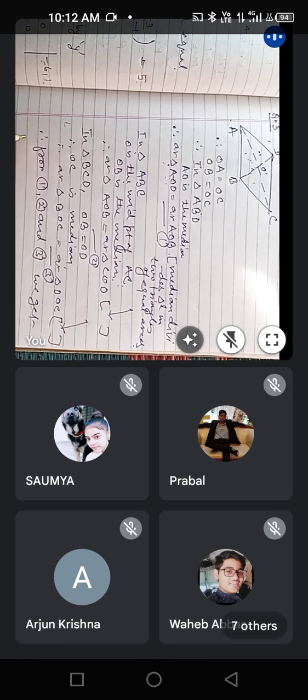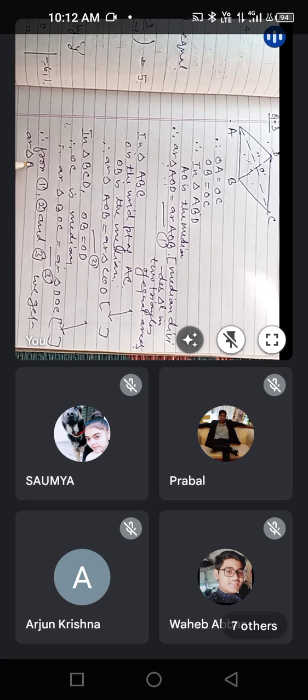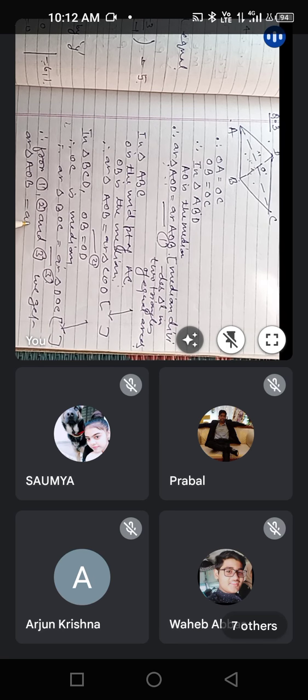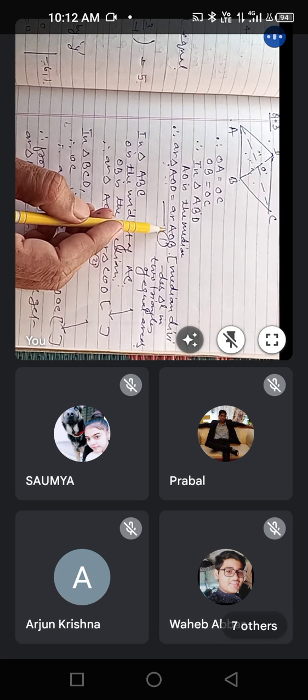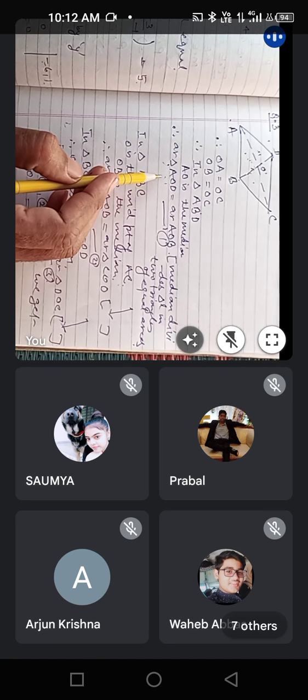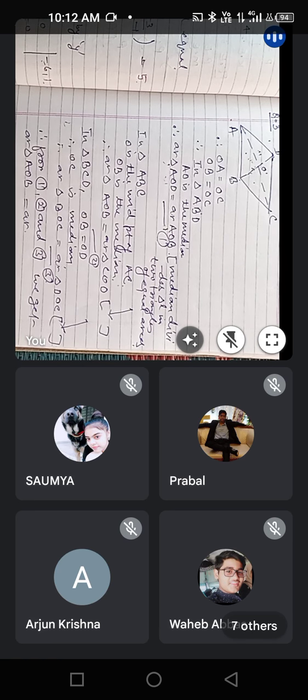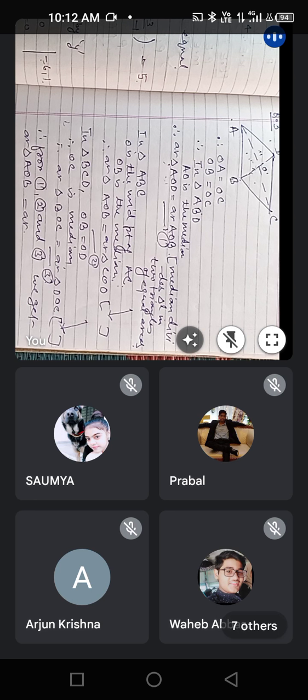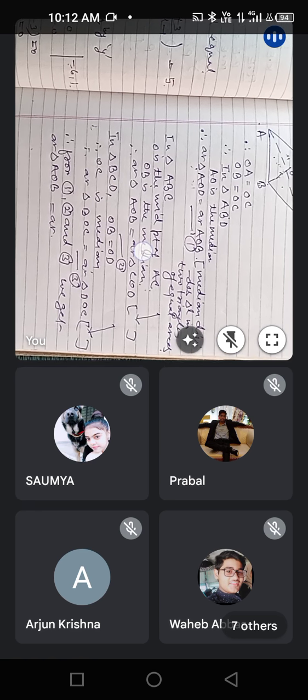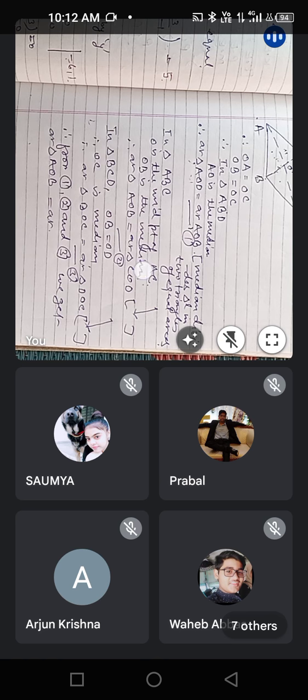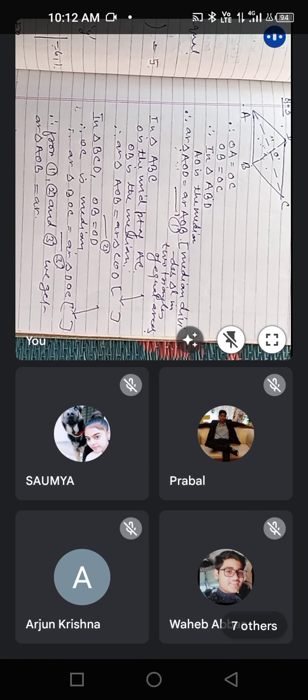From the first relation, area of triangle AOD is equal to AOB. From the next relation, AOB is equal to COD. From the last relation, the area of triangle DOC is equal to area of triangle BOC.